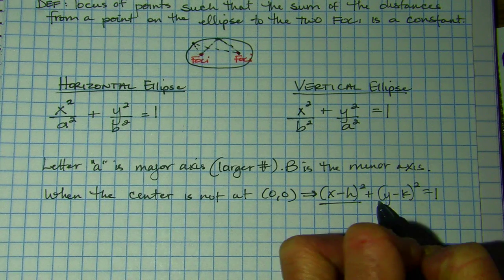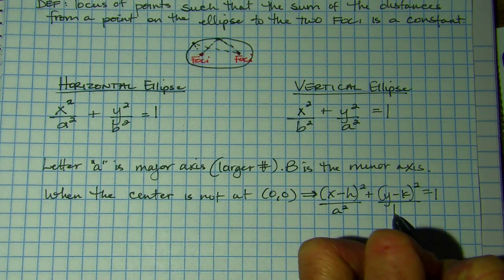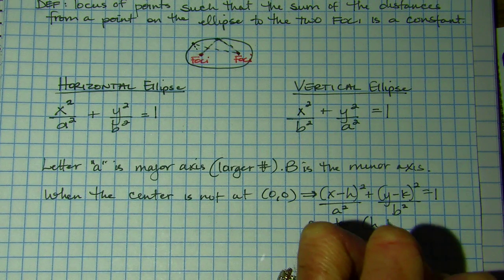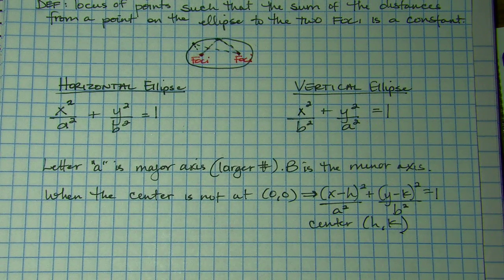The difference is you have your a squared and your b squared. And in this case, the center is at h comma k. They're really nice in that they slowly introduce an ellipse to you. So we're going to do a couple examples.